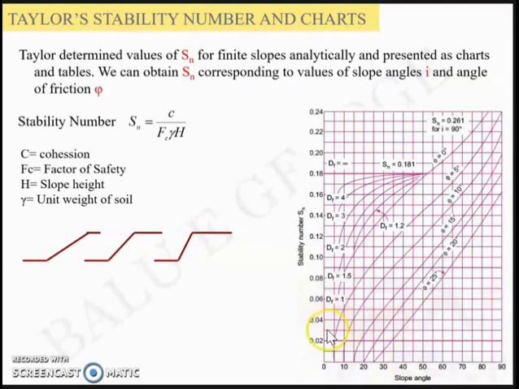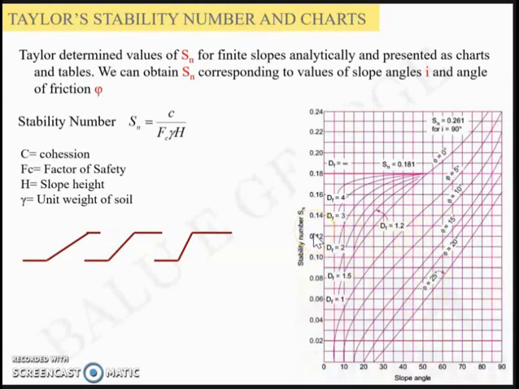So here 0.03 approximately will be the stability number. Likewise, let's take another example where slope angle is 50 degrees and angle of internal friction is 10 degrees. So slope angle 50 is here. You try to see the value of Sn corresponding to angle of internal friction phi 15. So it turns out to be 0.12.